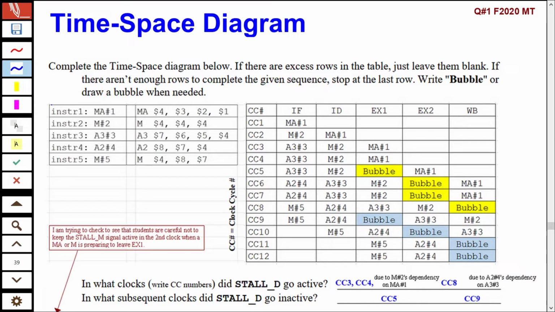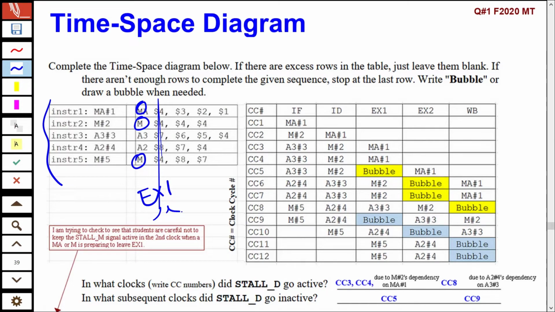Okay, you may be given a sequence of instructions for you to show your understanding of who requires stalling. We require one extra clock in the EX1, and at that time the entire pipe is stalled.